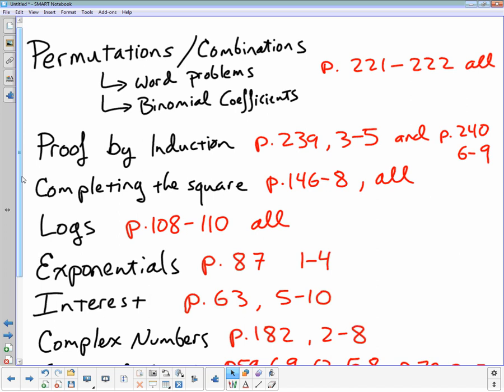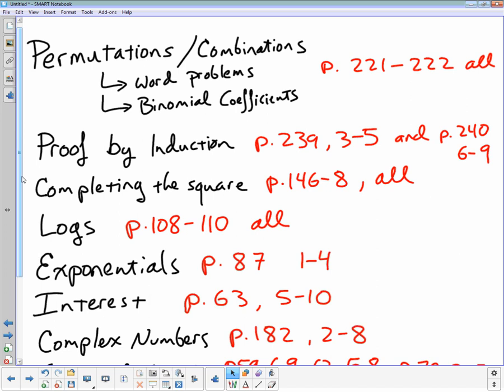Or I could give you a proof and have you fill in the gaps. Or say, what's wrong with this proof? Or something like that. So that if you understand induction, you'll be able to see what's wrong. But I'm not going to make you write out the full-on gory detail. That's just too much. Does that make sense?